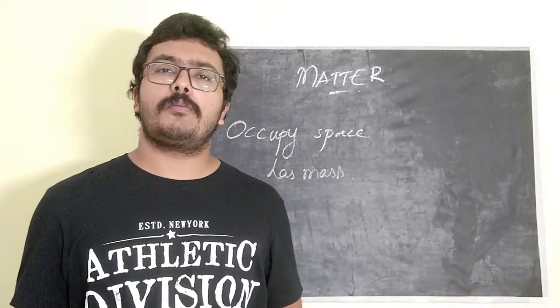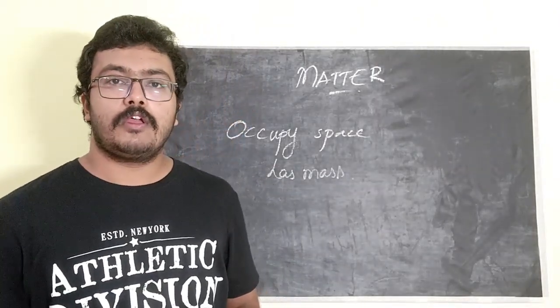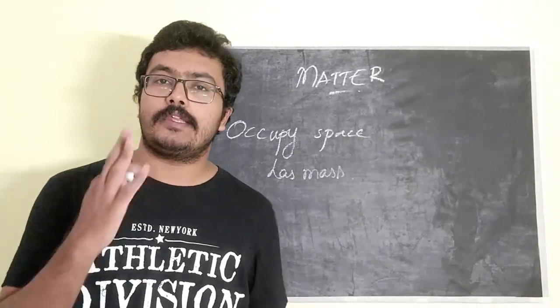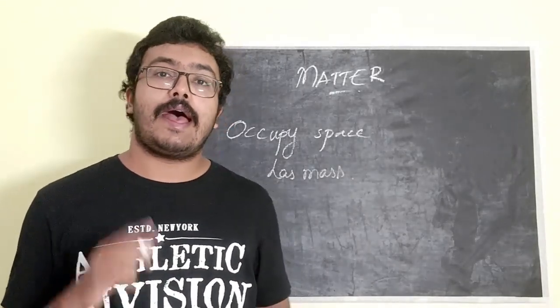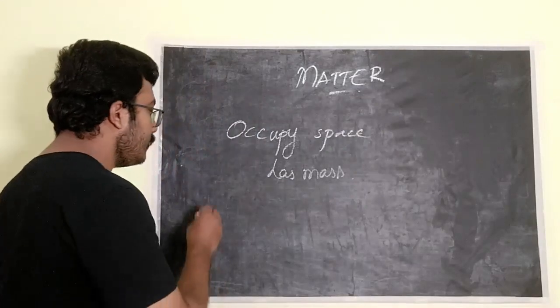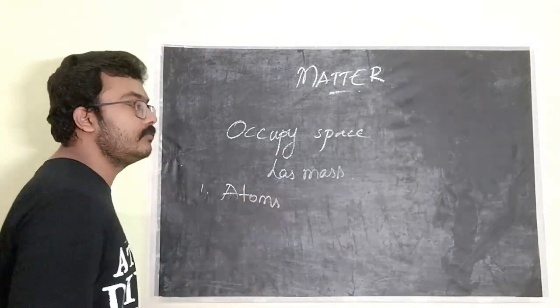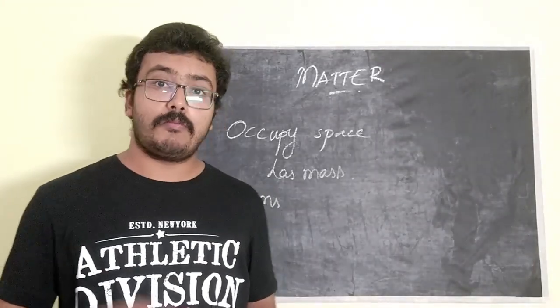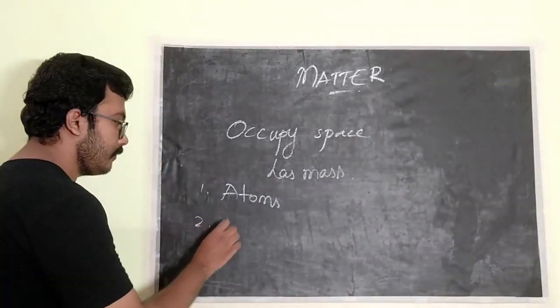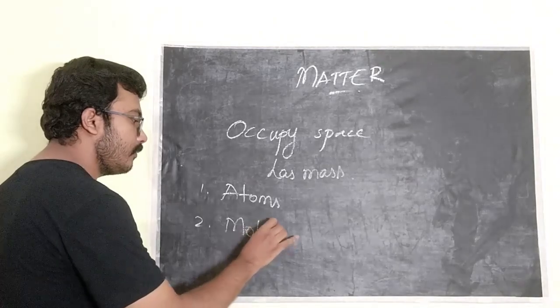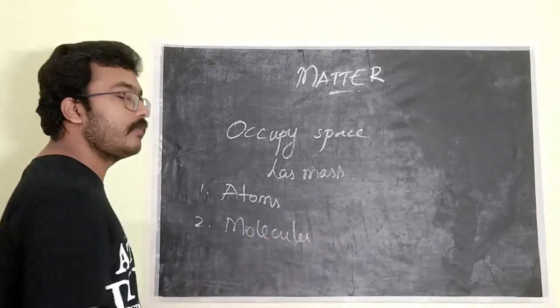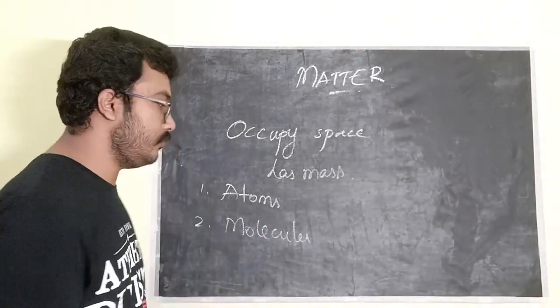Now when we talk about the composition of matter, we have to look into three things. They are atoms, first one. Second one, molecules. And the third one, ions.